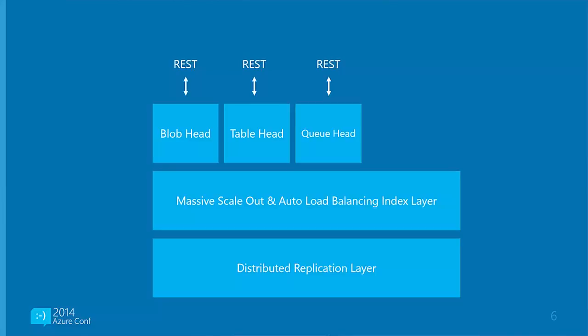And the new abstraction, Azure Files, is actually a little bit different. It's also exposed through a REST API, but besides that, it also exposes an SMB 2.1 endpoint. This means that you can mount a file share as a mapped drive.